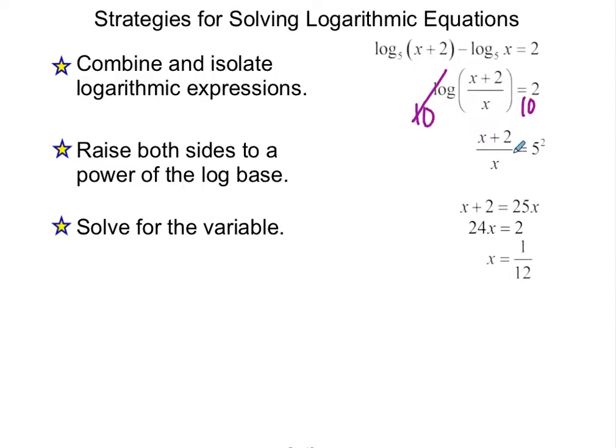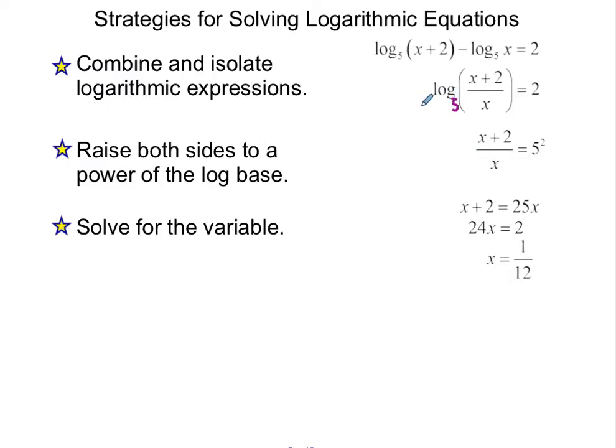So I'll have x plus 2 over x equals, why does that say 5 squared? Oh, I know why. Let's go back. Somehow along the way, I lost the base 5 here. Let's try again.